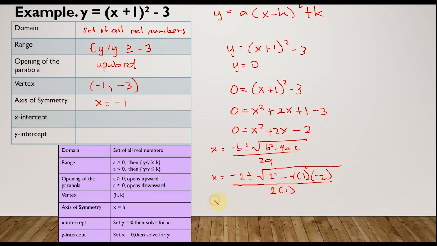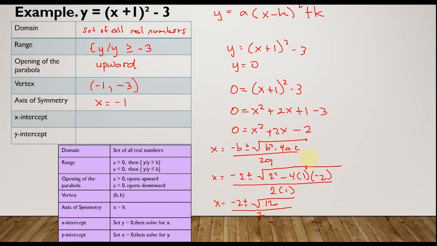And then simplifying, x equals negative 2 plus or minus square root of 4 plus 8. That is 12 all over 2.